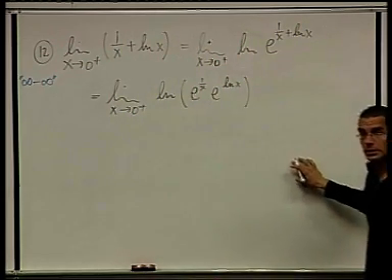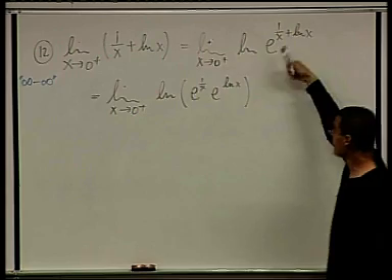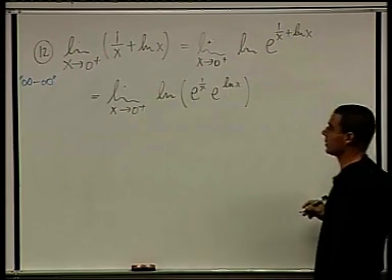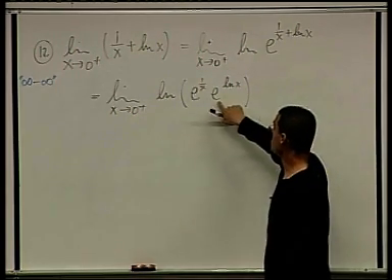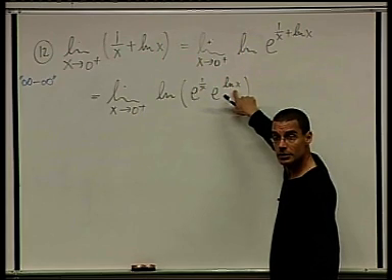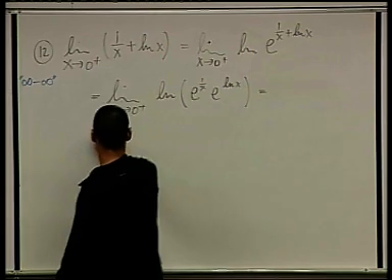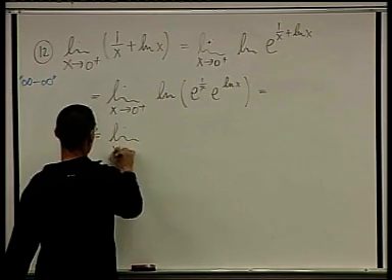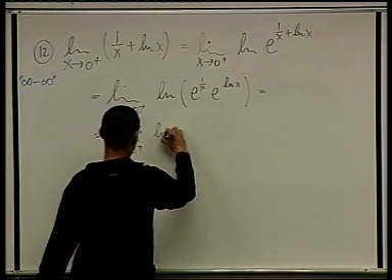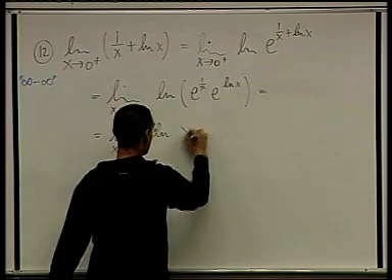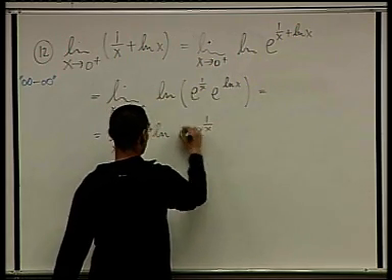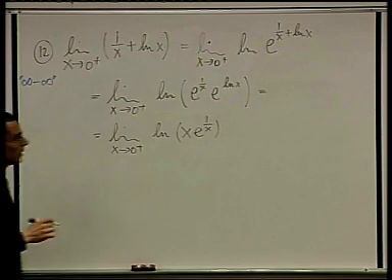Do you agree? Okay, so this sum suddenly became a product here. And what is e to the ln of x? Not 1. It's x. So this is the limit, x goes to 0 plus, of ln of x e to the 1 over x. Do you agree?